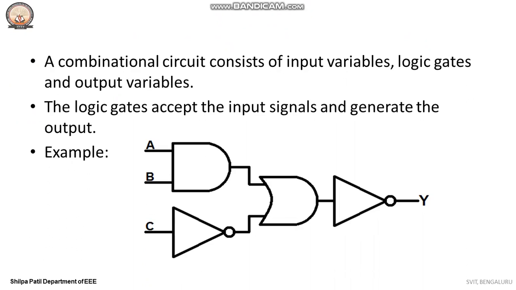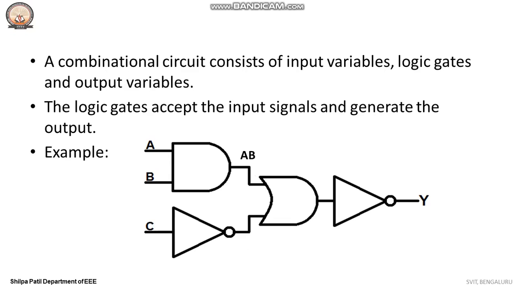Now, we have a logic circuit here. This circuit is represented by an expression called a Boolean expression. Here I have input variables A, B, C. So we will just write an expression for this circuit. I'll start tracing from the left hand side. The output of the AND gate will be AB.